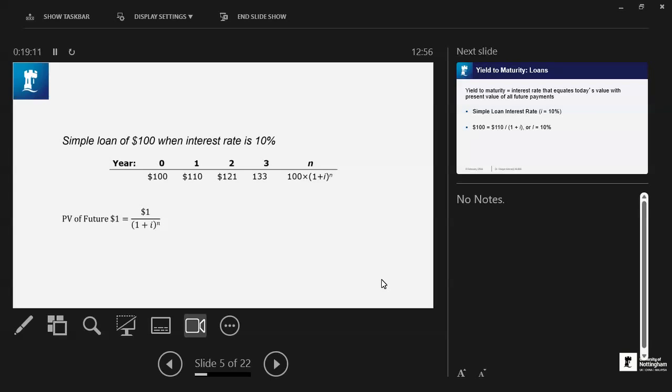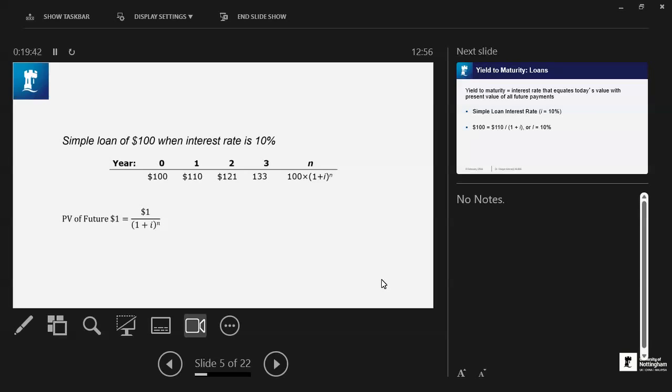Right. Okay. Good. So here we have this simple loan which pays an interest rate of 10%. Which means you give $100 today. So if you're investing $100 in that loan opportunity or a bond, in 1 year's time it will give you 110.